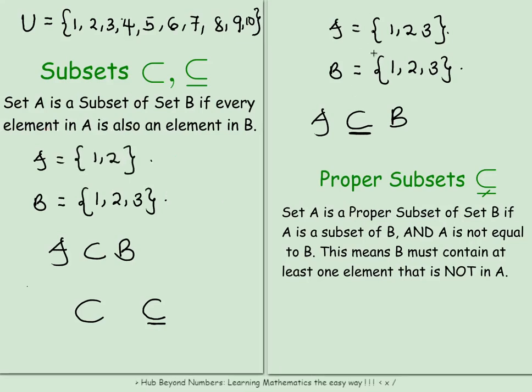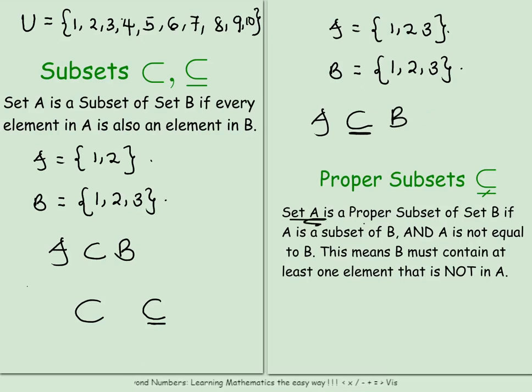On the other hand, this set A over here is a subset of B and it's equal to it. So if a set is a subset of another set B but not equal to it, it is a proper subset. That is what we call a proper subset.